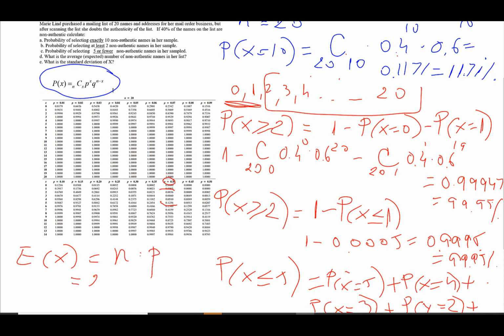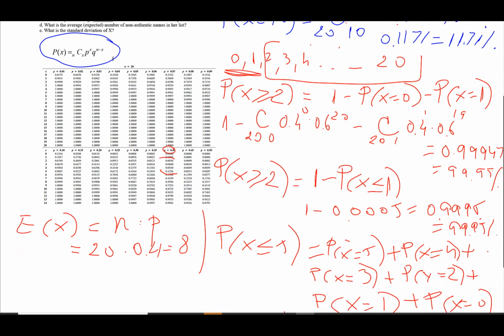In our situation it will be 20 times decimal 4, so this will be 8. So the expected value for non-authentic names on her list is 8. So on average, I'd expect to have this number of non-authentic names on the list.